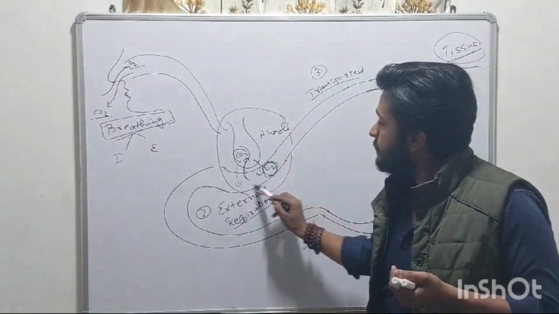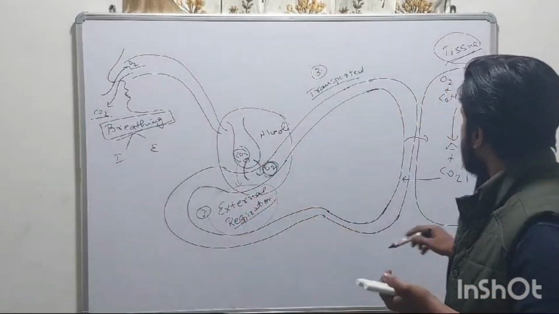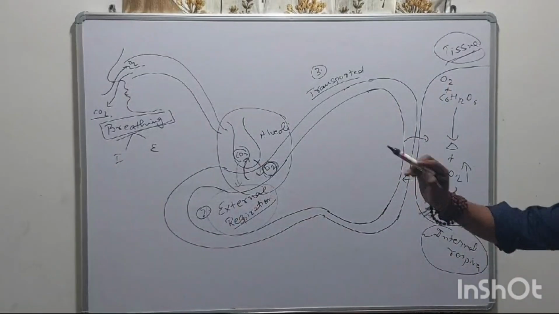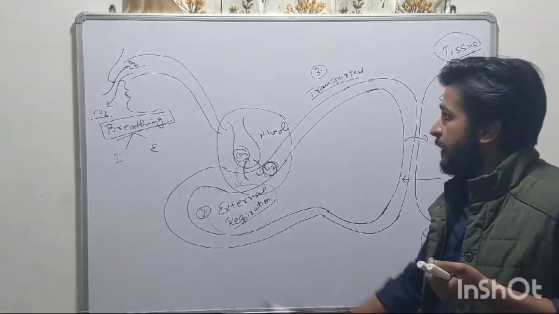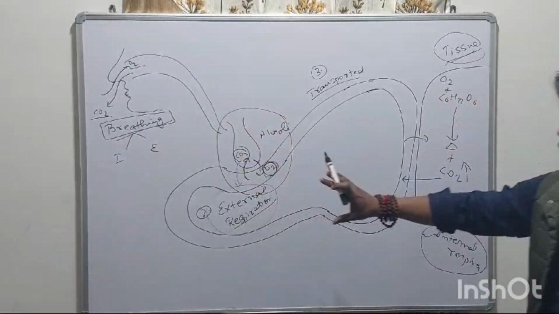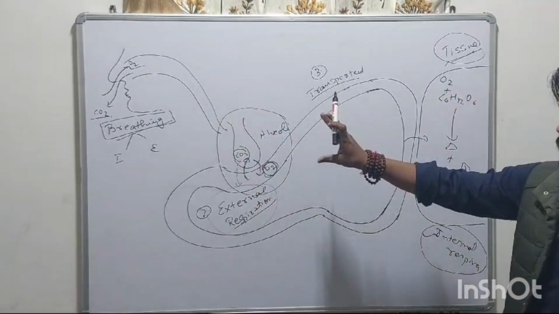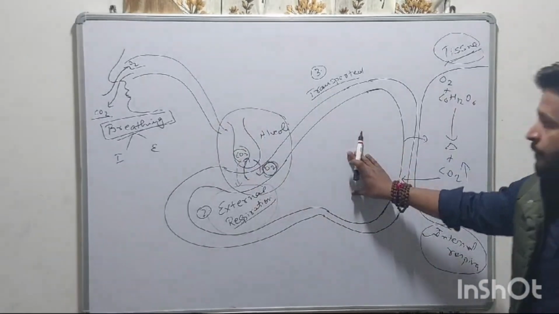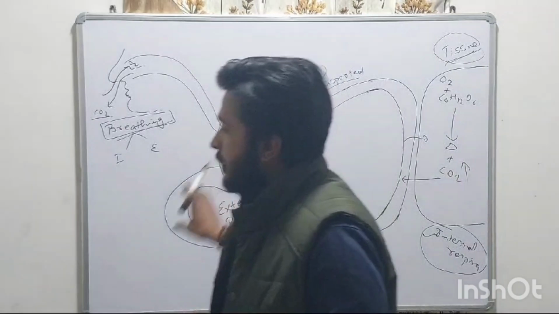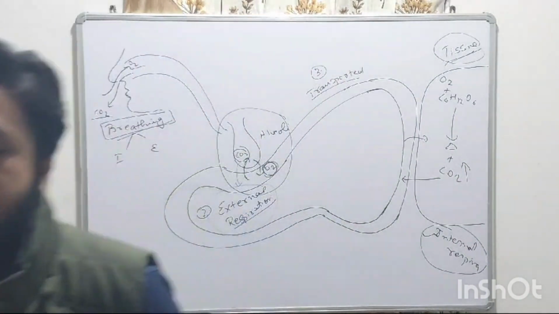This occurs between the external respiration as well as the internal respiration. I hope this part makes the basics clear. Then we will start with the actual transport of gases.